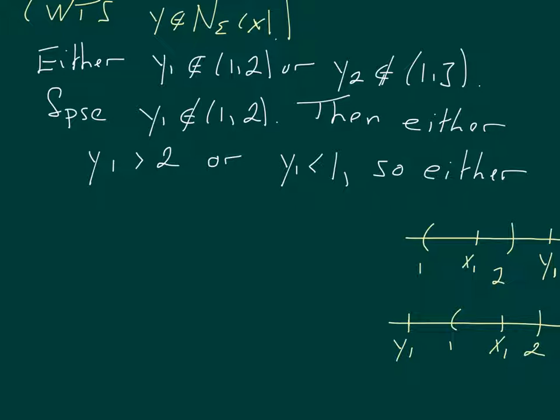So either y1 is bigger than 2, and if y1 is bigger than 2, then notice that the distance from y1 to x1 is going to be bigger than the distance from x1 to 2.